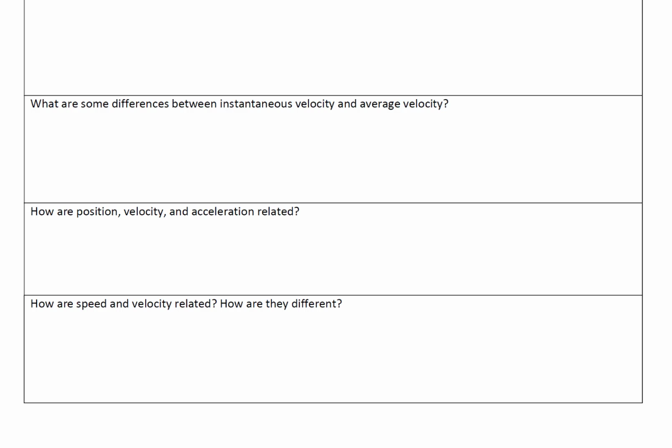Instantaneous velocity can be calculated using the derivative. Position, velocity, and acceleration are all related because velocity is the rate of change of position and acceleration is the rate of change of velocity. In other words, velocity is the derivative of position and acceleration is the second derivative of position. Speed and velocity are both words that sometimes are used to talk about the same thing, but they really are different.